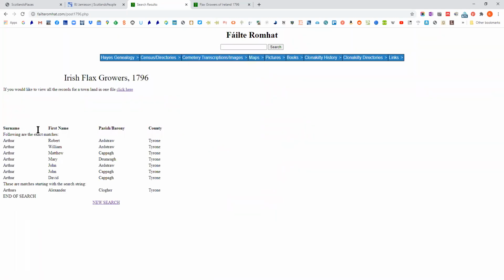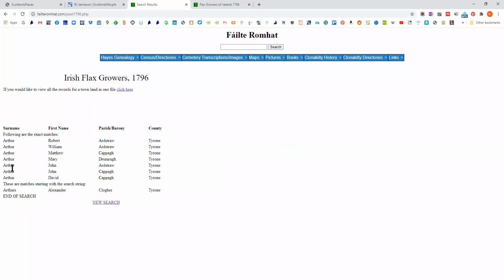And so here in Tyrone in 1796, these are the people who planted enough flax to be given a spinning wheel.